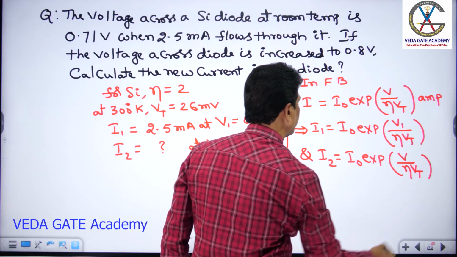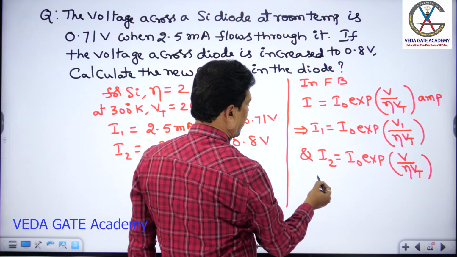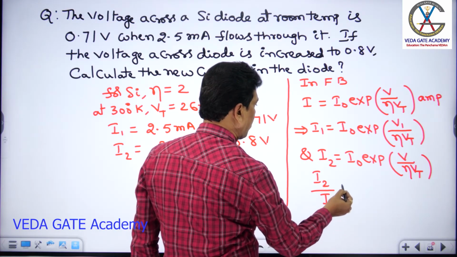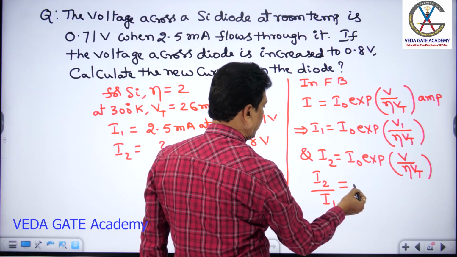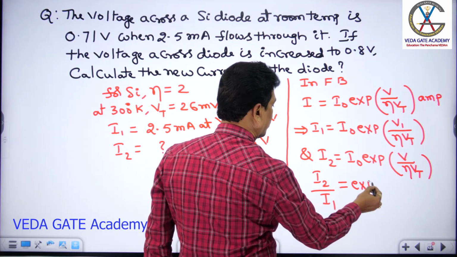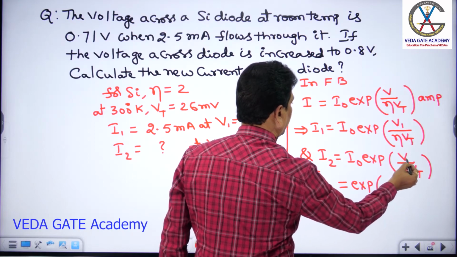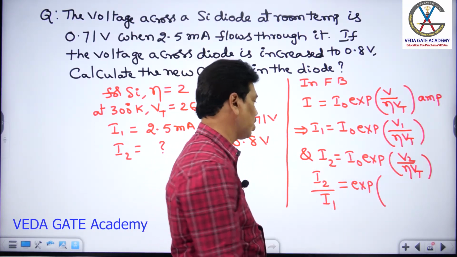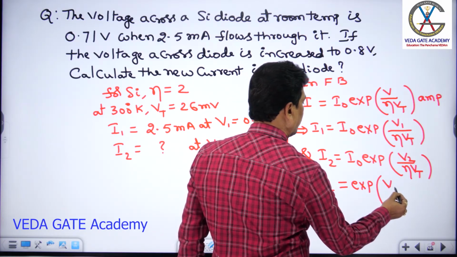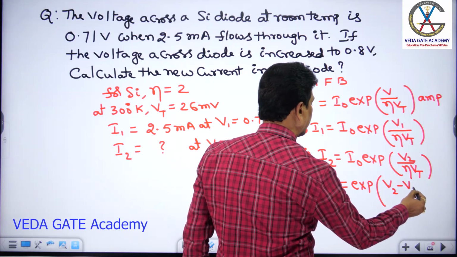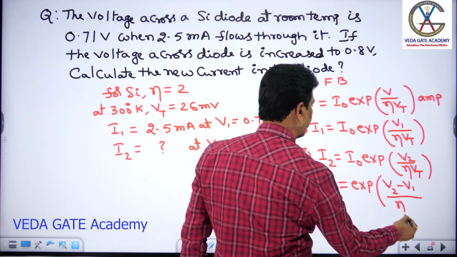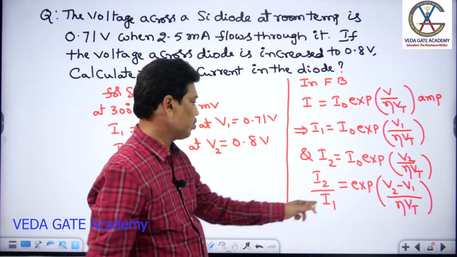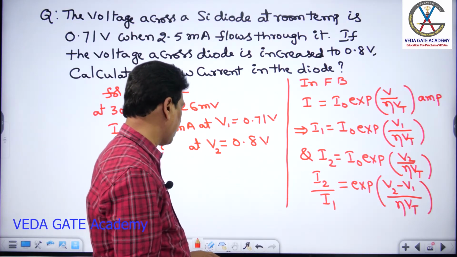Now I do the division. I2 by I1 equals, I0 cancelled out. Division of exponentials is nothing but subtraction of those terms, that is V2 minus V1 by eta Vt. Now I need the value of I2, substituting to get the corresponding value.